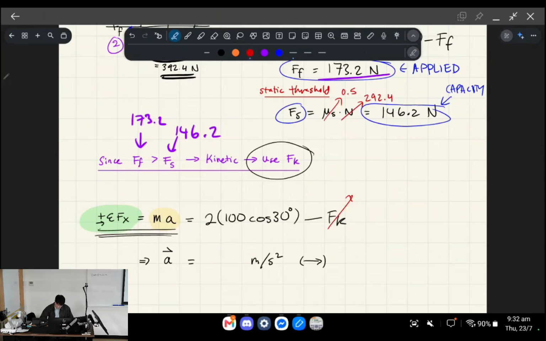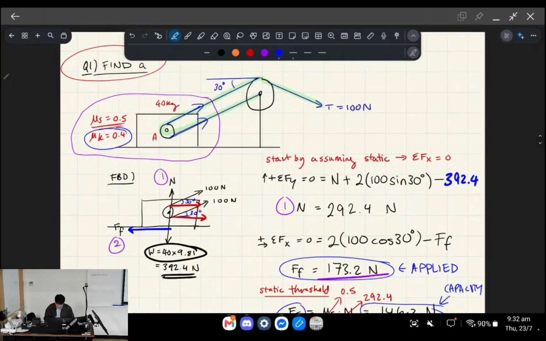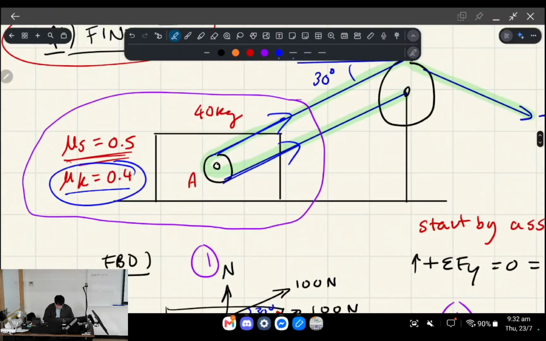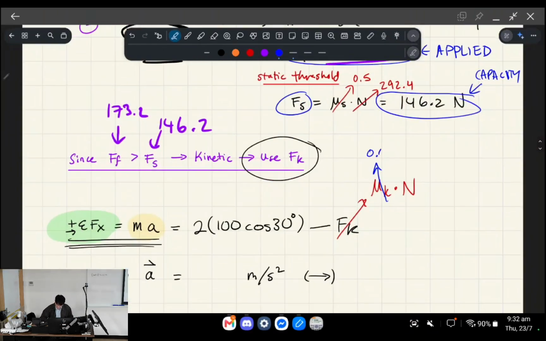FK is a new number, okay? It's mu K times normal force, okay? So the reason this is different is because we've got a different number for the coefficient of friction when the system's moving. Usually this is lower than the static one, okay? So this is 0.4 instead of 0.5. And we multiply it by the same normal force that we had before.